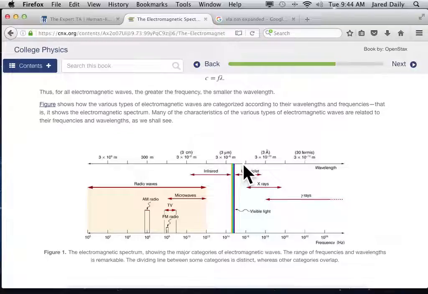Once you get below a single nanometer, below nanometers are what we call picometers. Then you're into the X-ray range as well. The ultraviolet and the X-rays overlap a little bit. This region in between is called the soft X-ray region. We use soft X-rays to do things like mammograms.